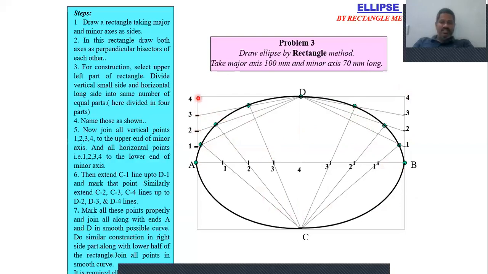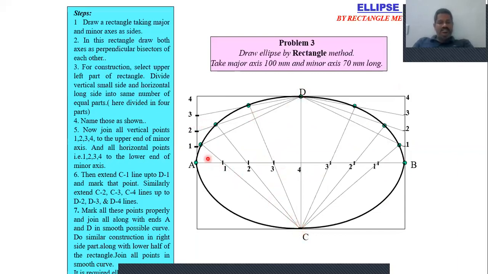Then divide the height into equal number of divisions, and divide the length of this rectangular block into the same number of divisions that we have done height-wise. Then join the upper point of the minor axis to the height points. The length points are connected to the lower end of the minor axis.